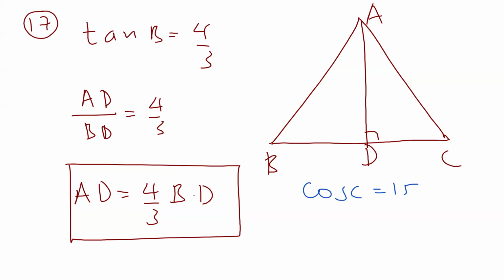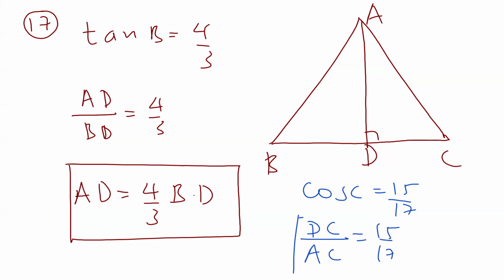So cos C: adjacent is DC. I'm considering this triangle ADC. And earlier for tan B, I considered triangle ABD. So don't get confused. Cos C is adjacent to C, that is DC, upon hypotenuse, that is AC.